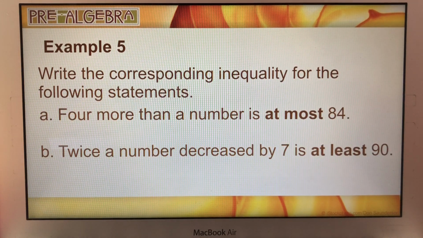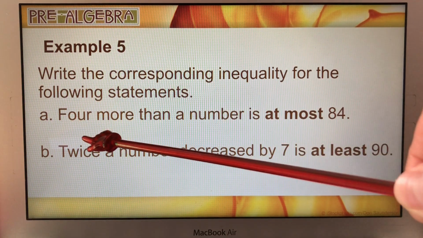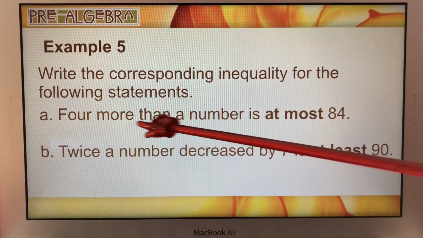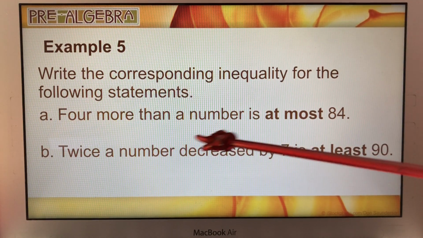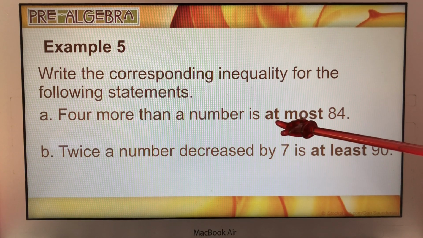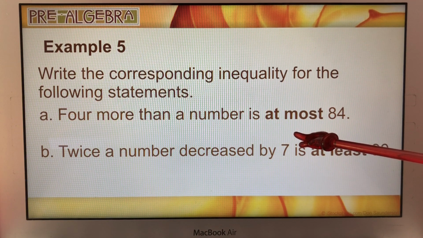For this next example, it says write the corresponding inequality for the following statements. So you're just going to write this statement as an inequality. They're not asking us to solve it. We're just practicing writing these statements. 4 more than a number is at most 84. At most, which symbol are we going to use?